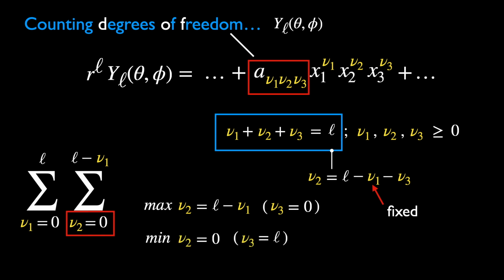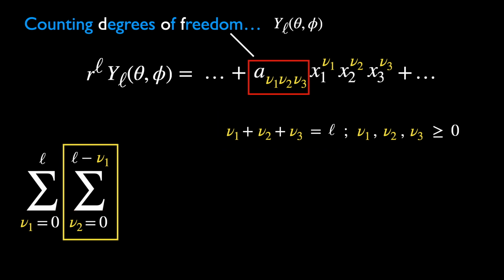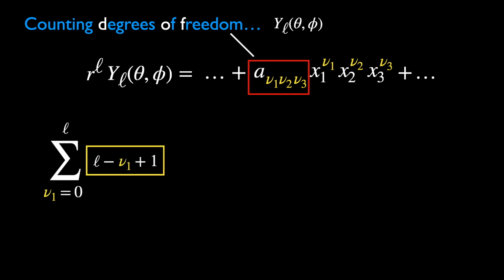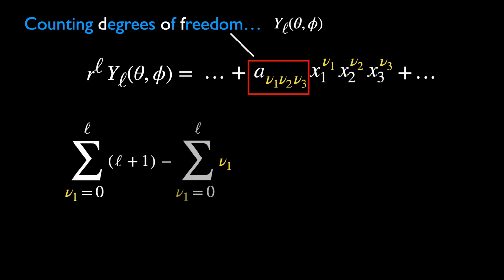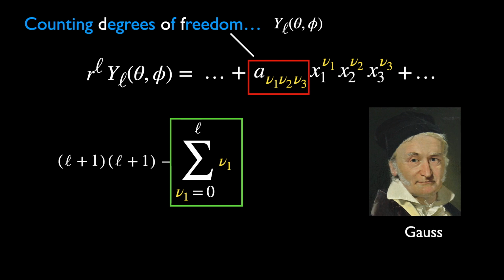By the relation in the green box, the sum in the yellow box is just the total number of terms in the sum. The sum in the green box can be solved by the famous trick used by Gauss as a schoolboy.